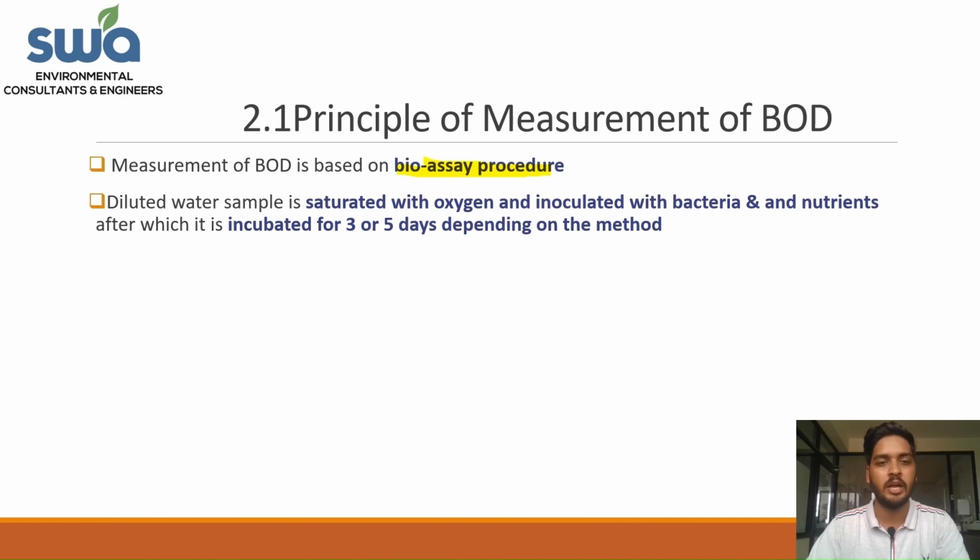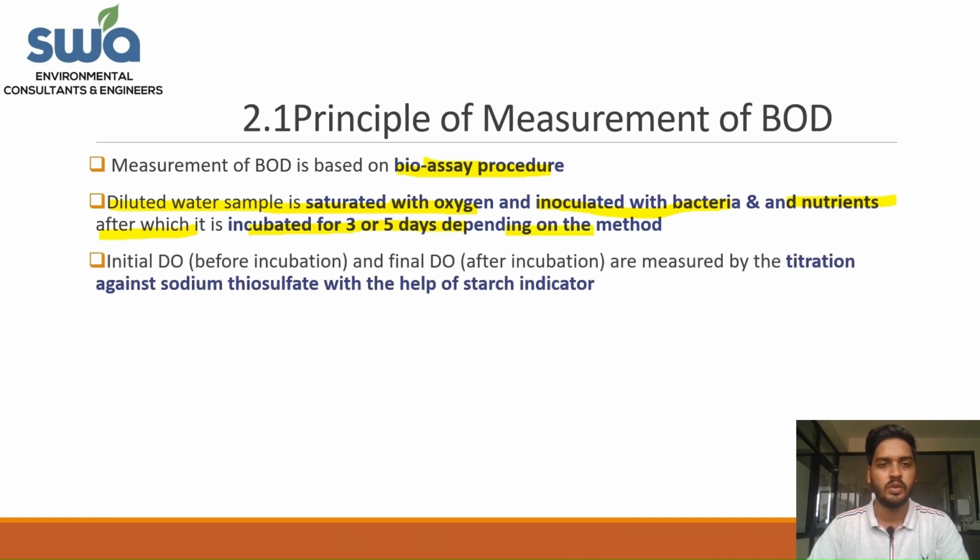Firstly, we have to prepare the dilution water. Distilled water is saturated with oxygen first. After saturation with oxygen, it is inoculated with bacteria and nutrients. After which the whole dilution water containing the sample is incubated for 3 days or 5 days depending on the method.